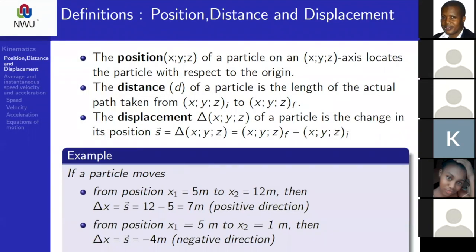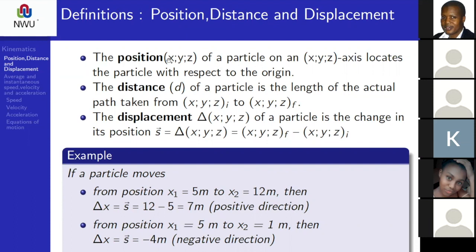Okay, so as I said, we'll talk about dynamics, and they've got position, displacement, distance, and then you need to have the distinction between all those three. I want you to think of a Cartesian plane. A Cartesian plane would be your X, Y, and Z axis.